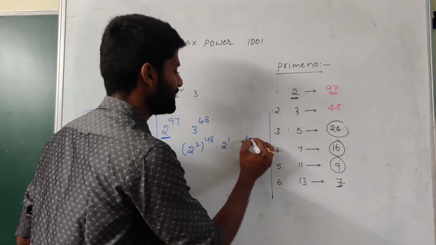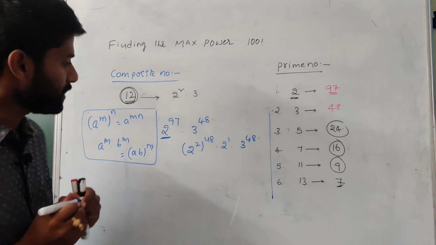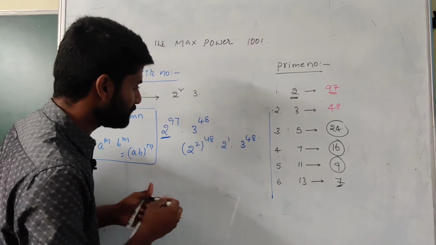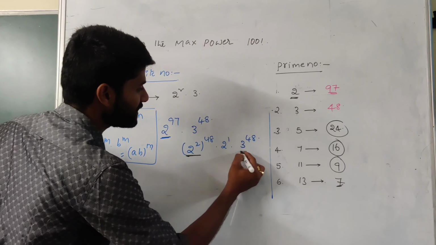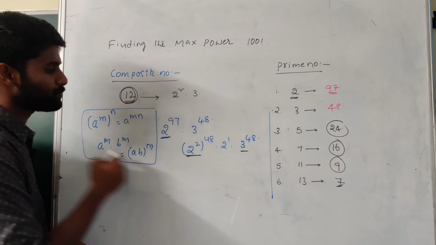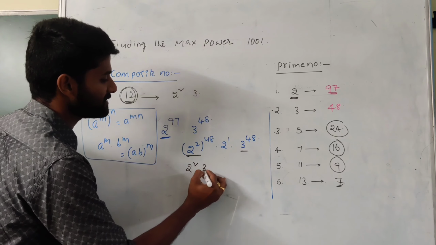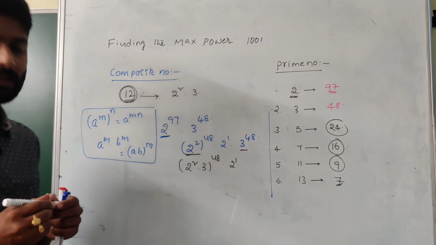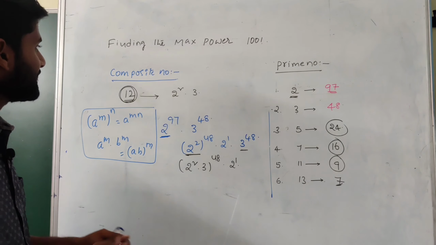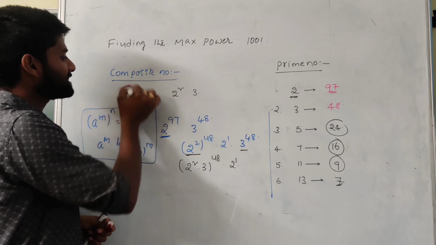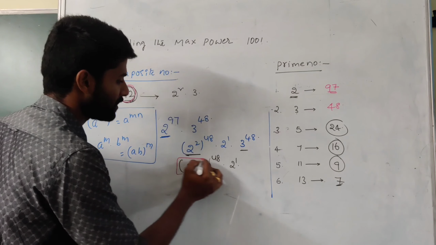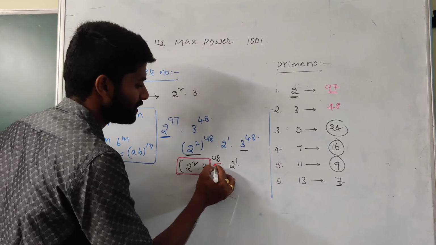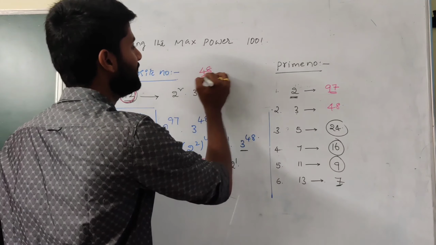And 3 power 48 is the remaining. By using this property, 2 square and 3 whole power 48 into 2 power 1. Okay, we completed the calculation. My question, we need to find the maximum power of 12. See, the maximum power of 12 is equal to 48.